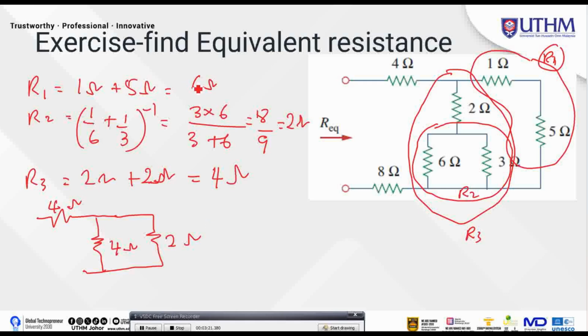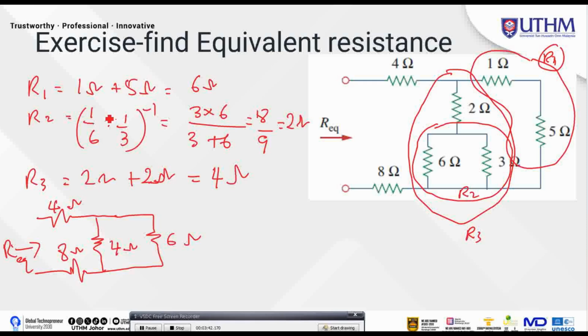No, sorry, 6 ohms. This is the 6 ohm in R1. And then the final one is the 8 ohm resistor. And you need to find the total R equivalent.